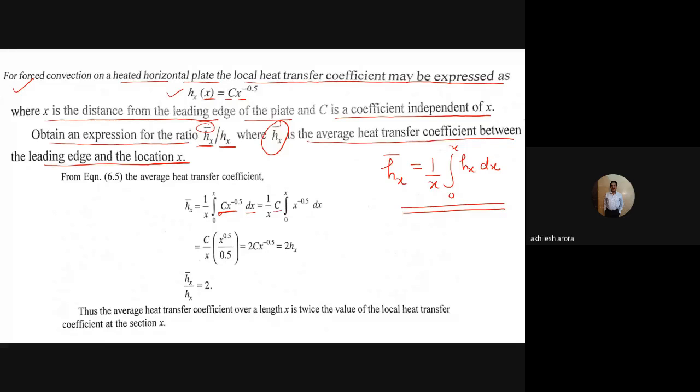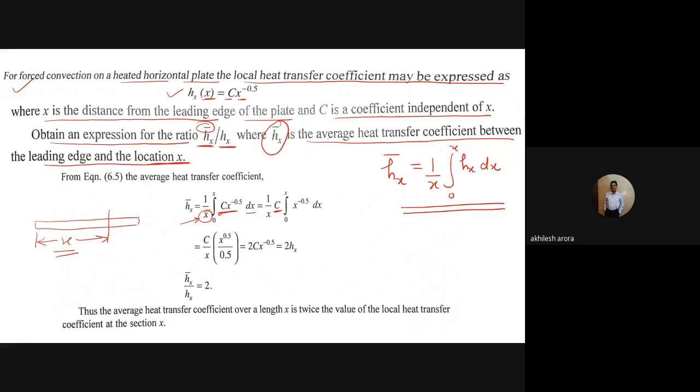So c is constant and can be taken out of the integration sign. And you should not be confused about why we are not integrating this x: it is the total length, which is constant, so it cannot be integrated. Mind it, we are calculating the heat transfer coefficient for this length of the plate x, which has a particular value.